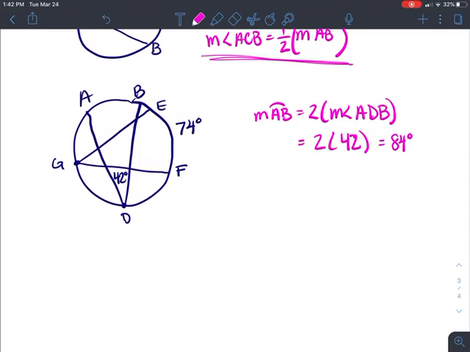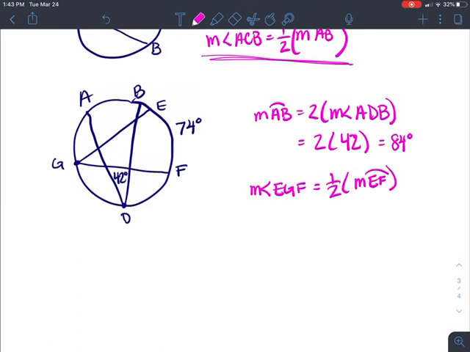So we're also going to find the arc EF. So we're finding the measure of angle EGF, and they've given us that the measure of angle EGF is equal to half of our arc, the measure of arc EF.